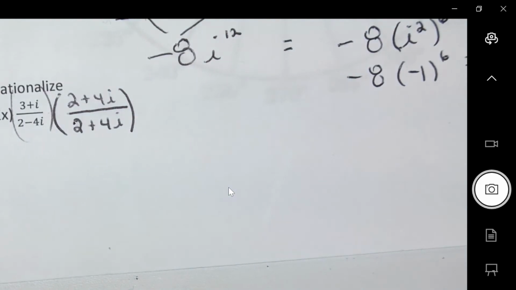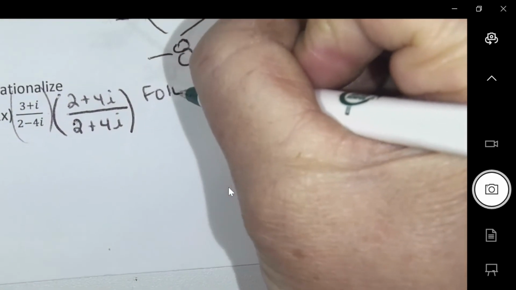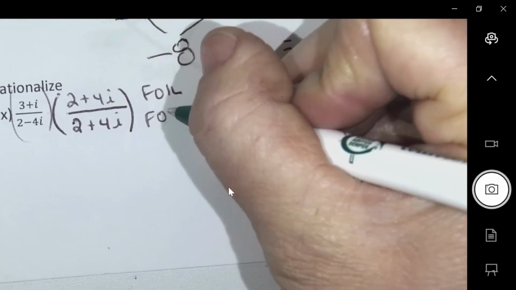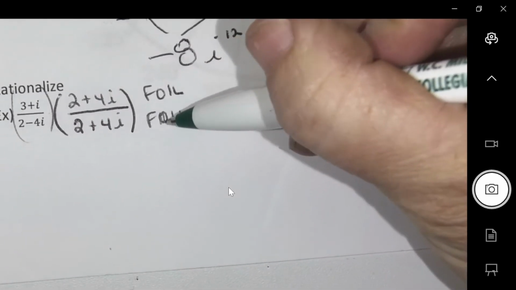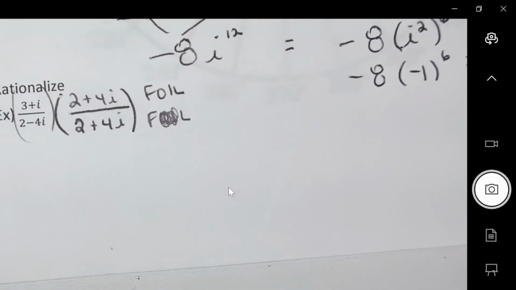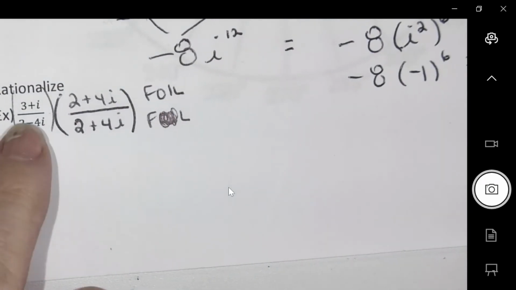So you've done rationalizing skills with radicals. Okay, on the top you're going to have to FOIL that, by the way. But what's special about foiling conjugates? If you do them properly, what would happen? Do you remember? You get to skip the middle terms instead. Okay, so here we go.